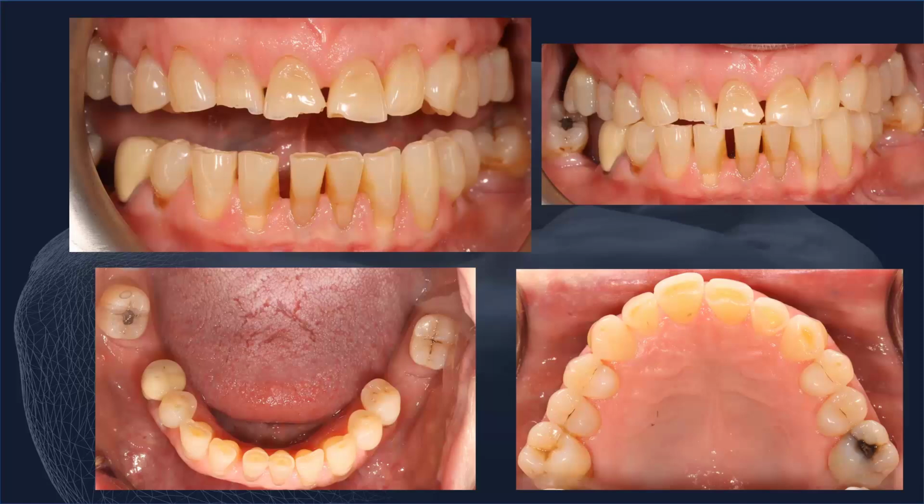And the lower anterior, yes, they have wear. The occlusal plane is pretty straight in here. And the patient has this habitual class 3 occlusion, so edge-to-edge occlusion. And that's why you may find sometimes it's difficult to gain space.